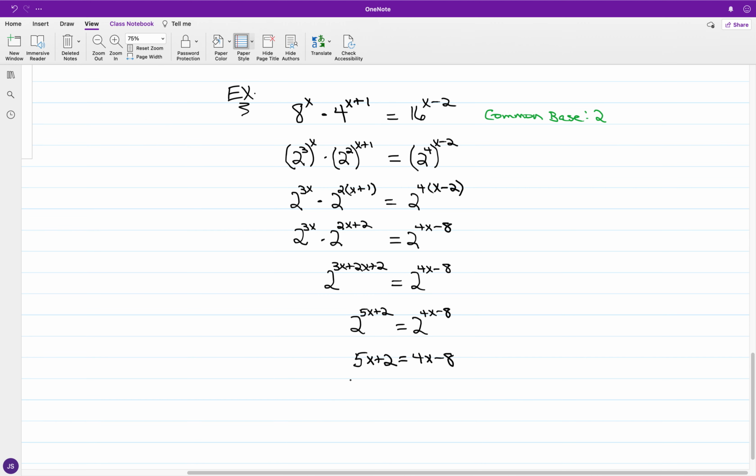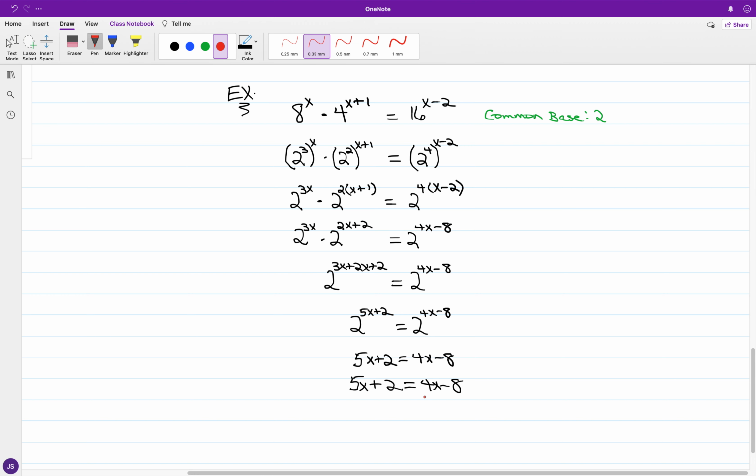So we got 2 sets of terms that are alike on both sides. What I'll do here is combine the x terms. I'll take the smaller one, in this case 4x, from the larger, and I'll move the 2 over.